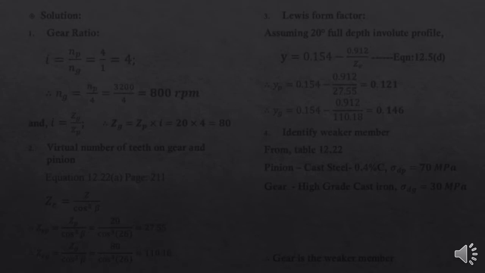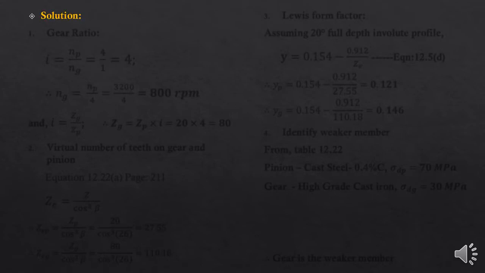It is an equivalent number of spur gear teeth that can be made in the pitch cylinder of a helical gear. Therefore formulas should take into account the formative number of teeth. You will understand this further as we go through the solution process.